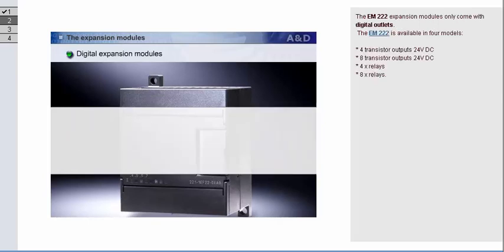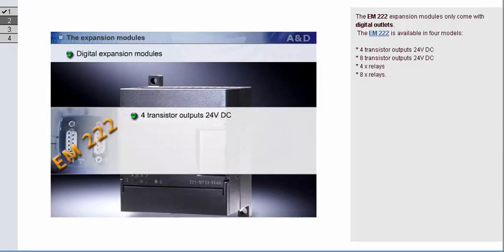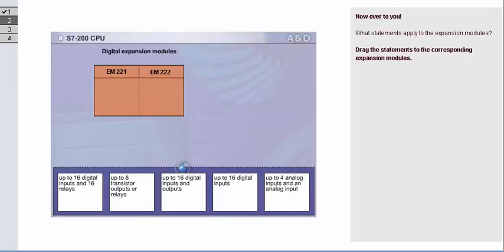The EM222 expansion modules only come with digital outputs. The EM222 is available in 4 models: 4 transistor outputs 24-volt DC, 8 transistor outputs 24-volt DC, 4 relays, and 8 relays. Now over to you.